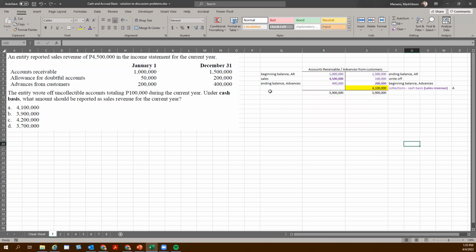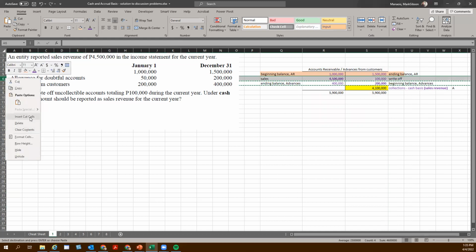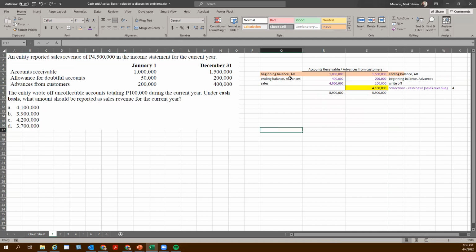We flag in first the balances of the two accounts. Either I move this here for the presentation. Balances of these two accounts, and then all other items that will impact the transactions on these two accounts.